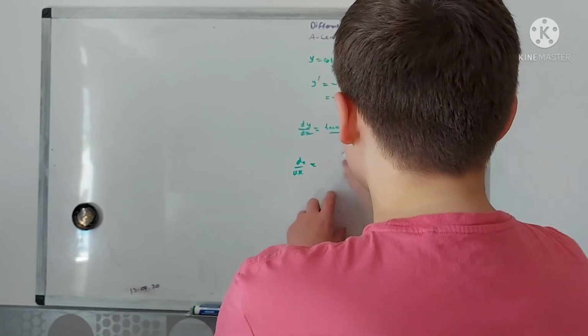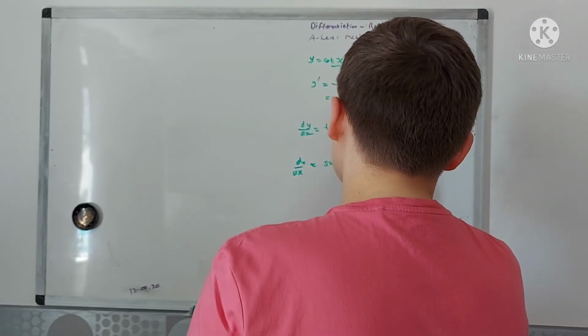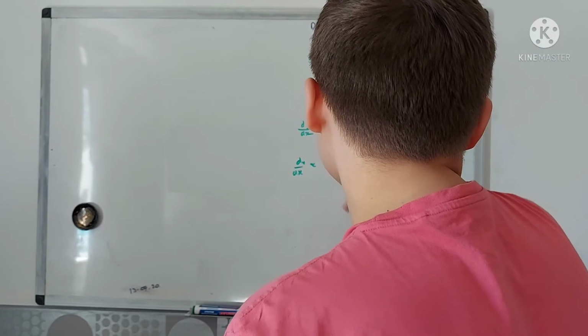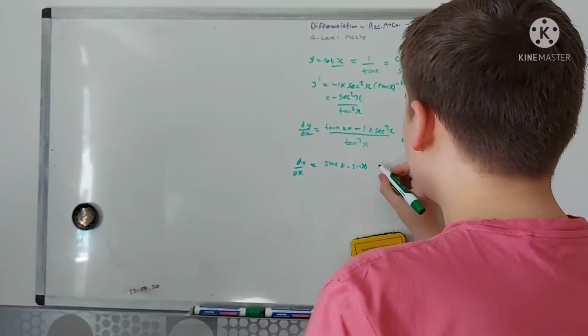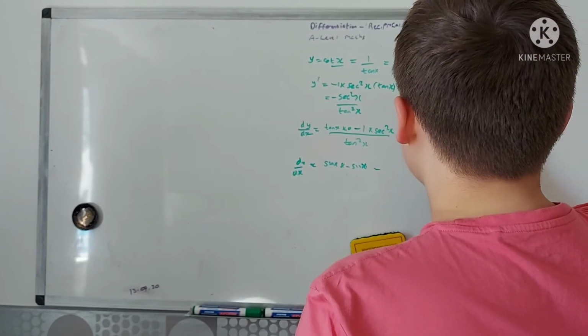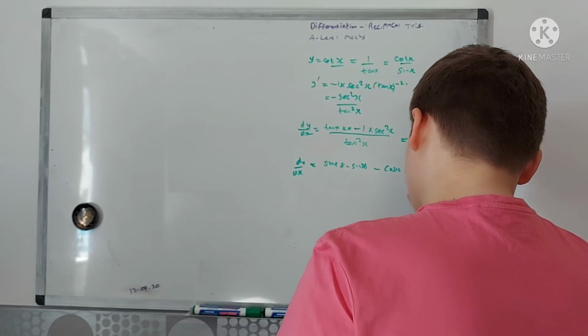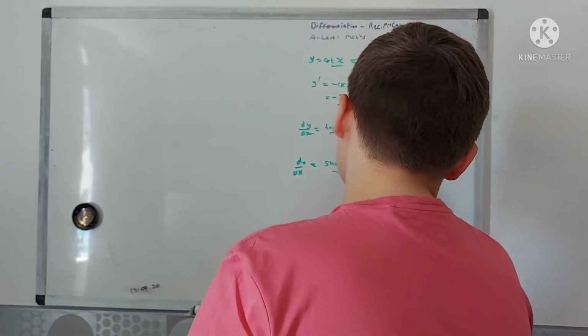So we get v, sine x, multiplied by minus sine x, and I take away the cosine times the sine derivative, which is just cos x, and divided by sine squared x.